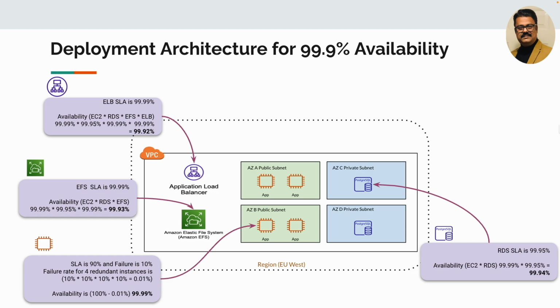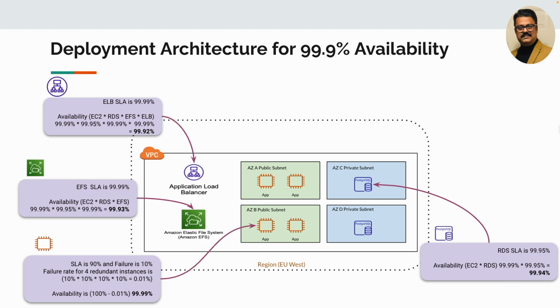Now, our application uses asynchronous communication between app components to provide component level decoupling. And for that, we are going to use a cloud native service called SQS, or Simple Queue Service. The SLA for SQS is 99.9%.